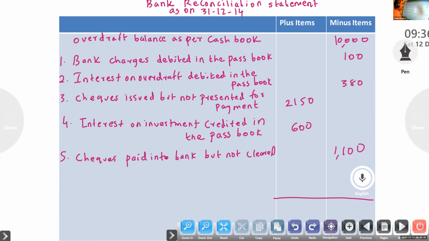So now you have to look, minus column is more. So overdraft balance as per passbook.